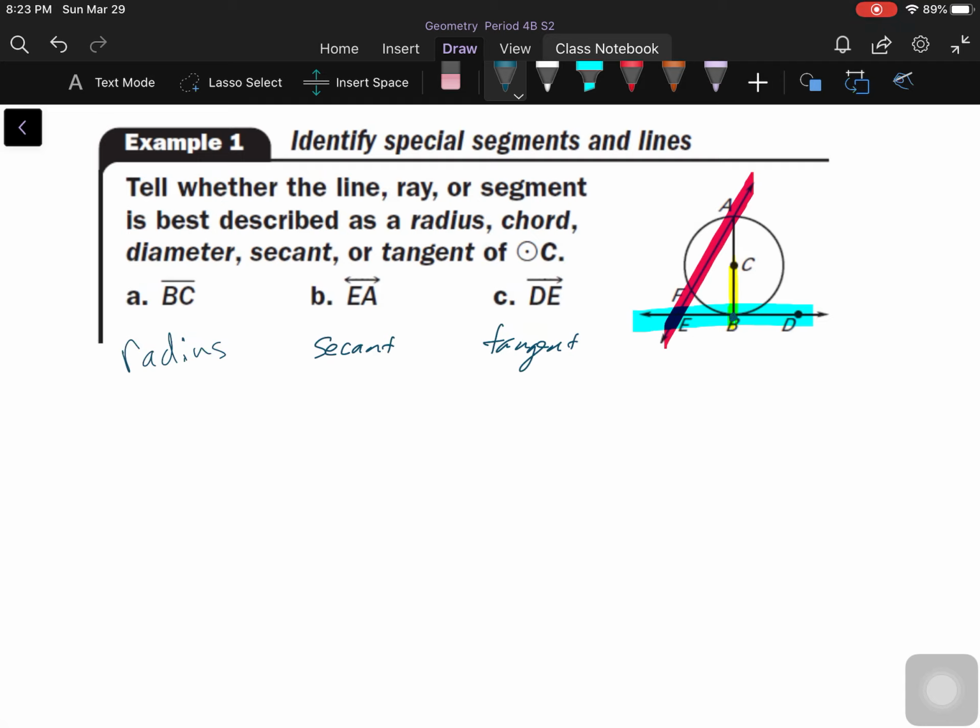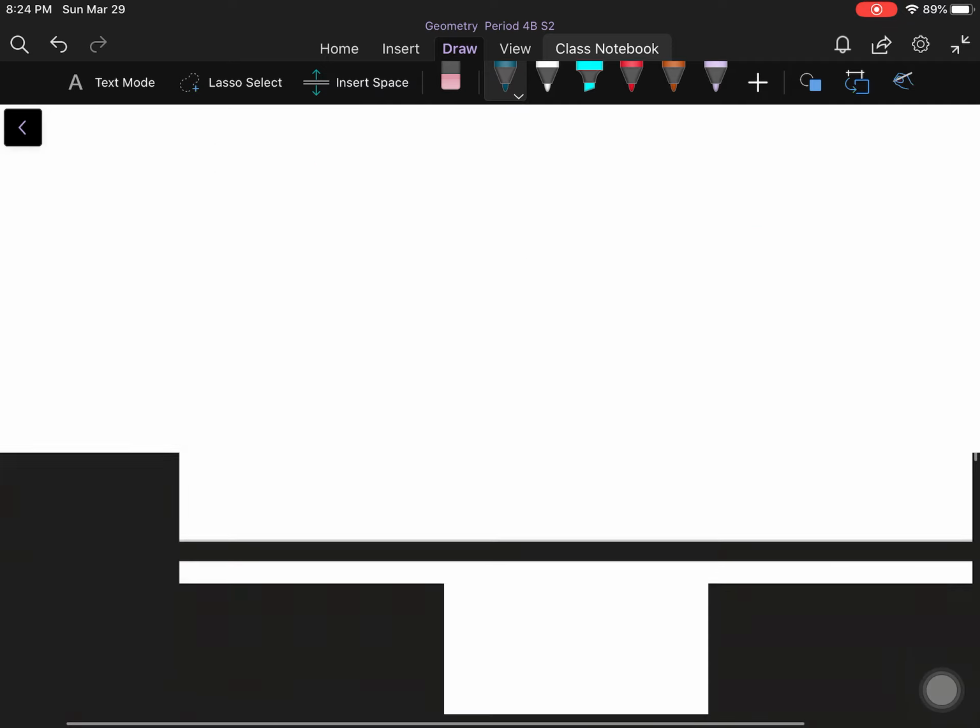So that'll be the first part of this chapter, just being able to identify, for example, segment AB is a chord, but more specifically, we would call it a diameter. Okay, segment AF, that's a chord. If we said line AF, then it's a secant because it goes all the way through the circle. So just be careful if it goes all the way through or if it just starts and stops on the circle. That'll be a difference between a secant and a chord.